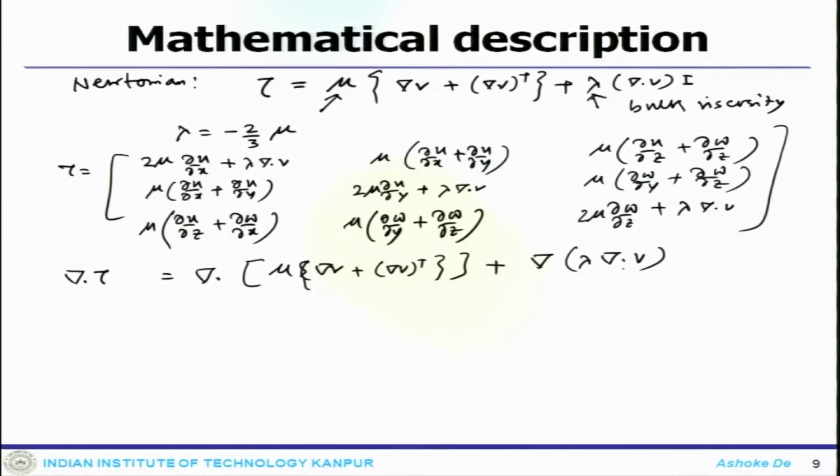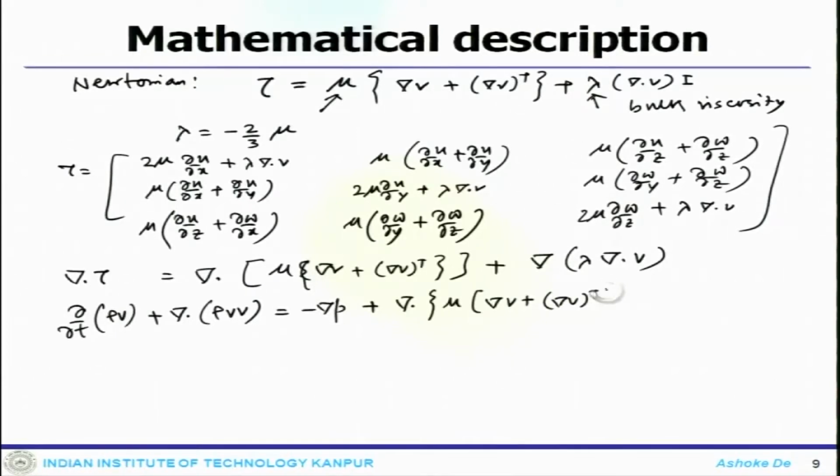Now, if you put everything together in the final equations, you get the equation del by del t of rho V plus del dot rho V V equals minus del P plus del dot mu del V plus del V transpose plus del lambda del dot V plus F V.